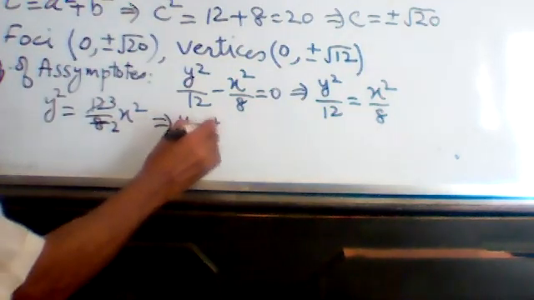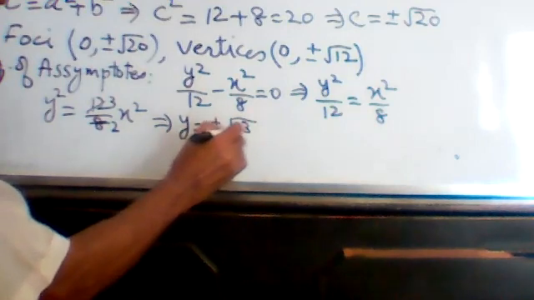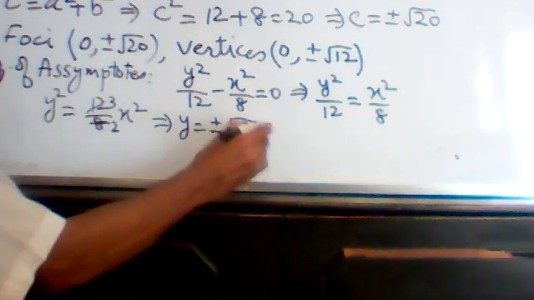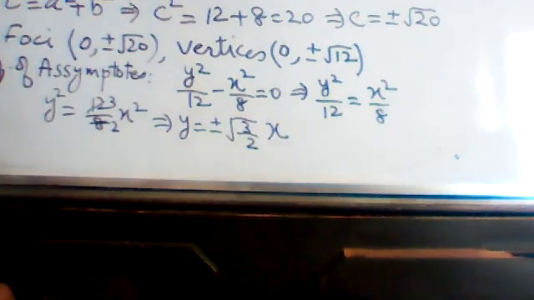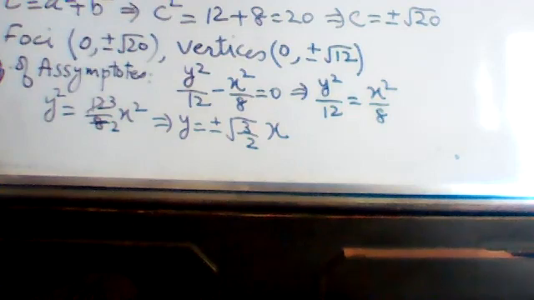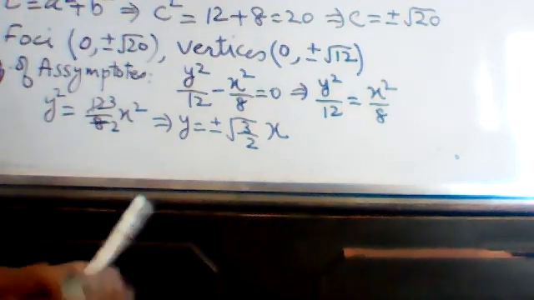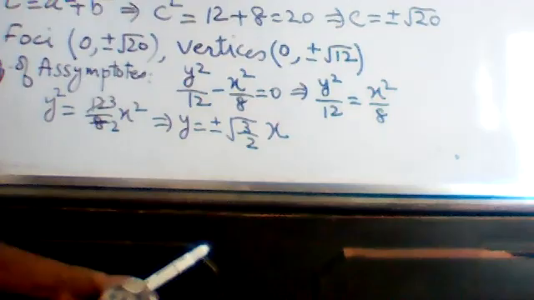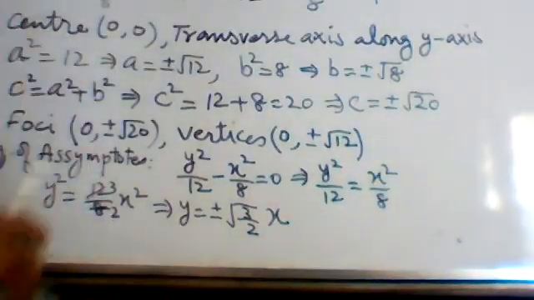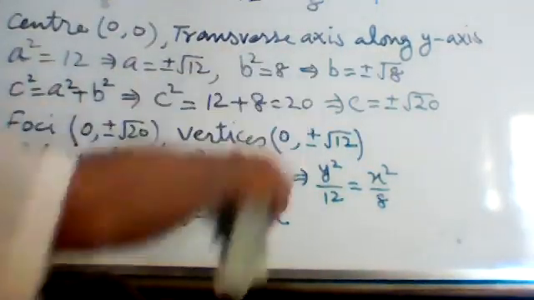Y will become plus minus root 3 upon 2 x. This is the equation of the asymptotes, and then we will draw it. The transverse axis is along y axis.